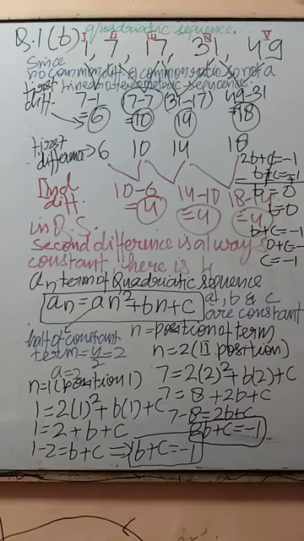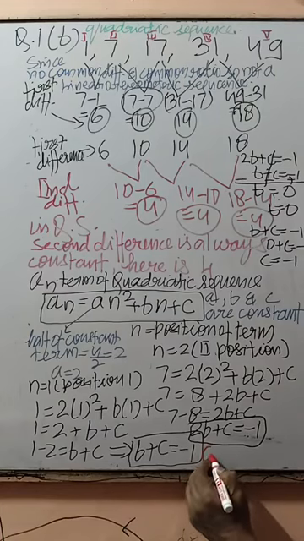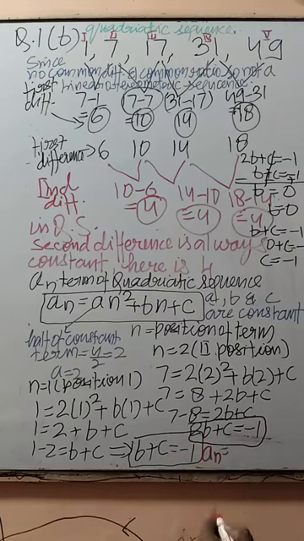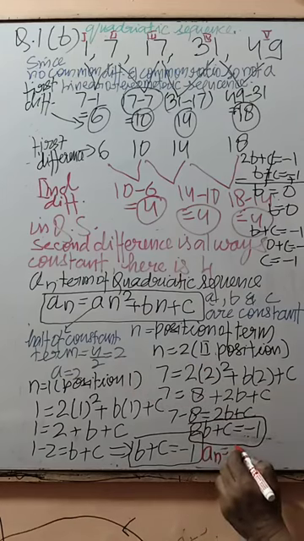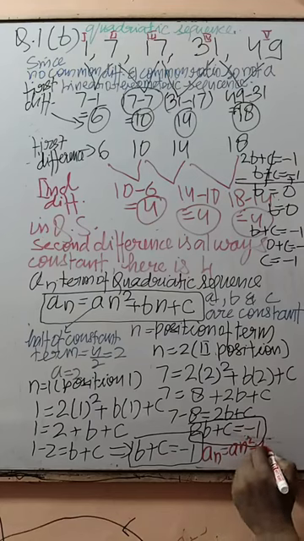So now, the nth term for the given quadratic equation is an squared plus bn plus c.